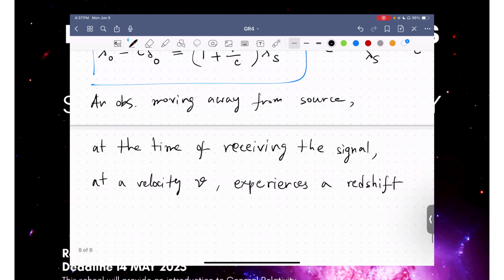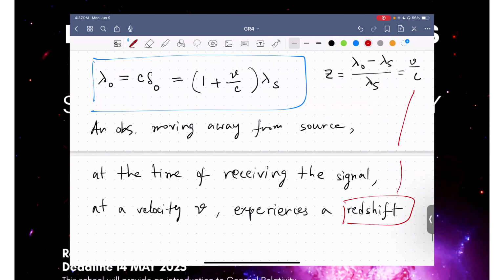All right? Okay. So by redshift, we will refer to this number. This velocity is this velocity. And the important fact here is that the two things only have to be in relative motion at the time of receiving the signal. Okay.